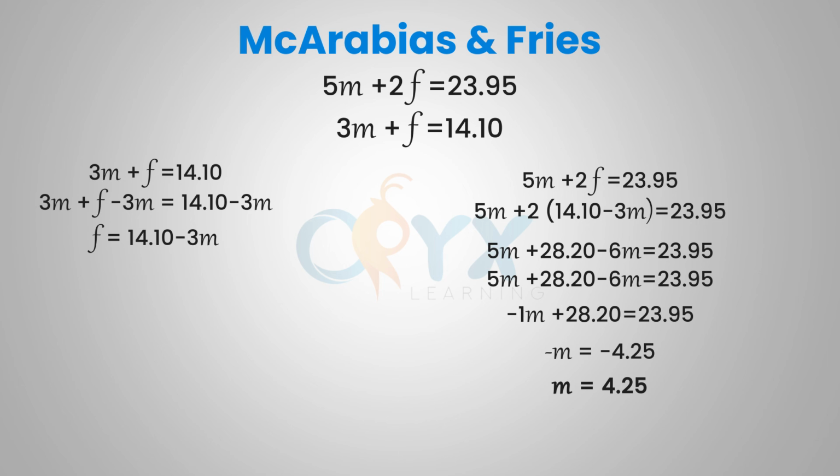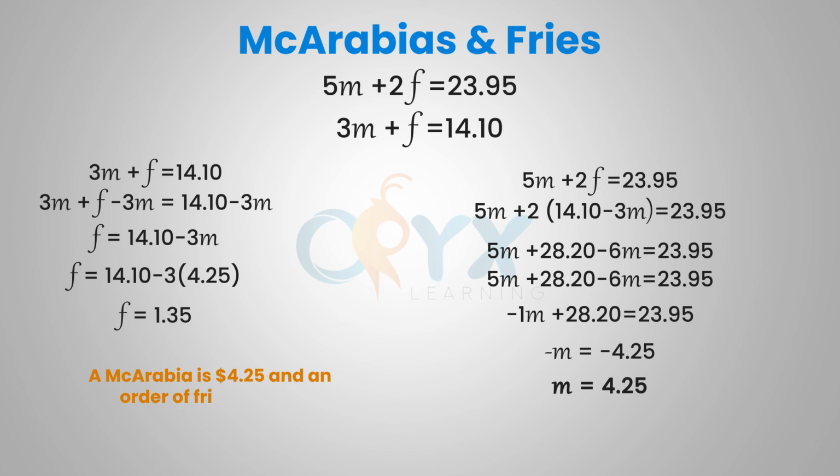Now that I know the value of m, I can substitute that in and solve for f. So f will equal 14.10 minus 3 times 4.25. Simplifying, we get f equals 1.35. This means that a McArabia is $4.25 and an order of fries is $1.35.